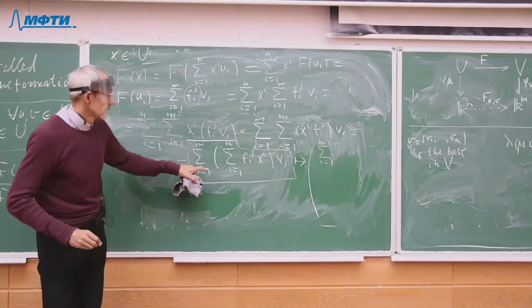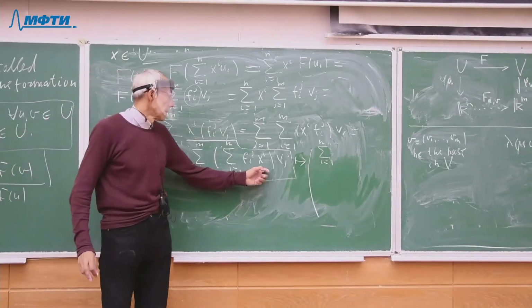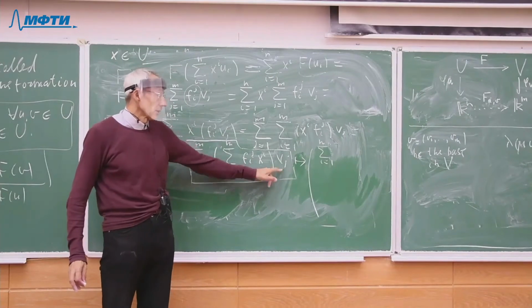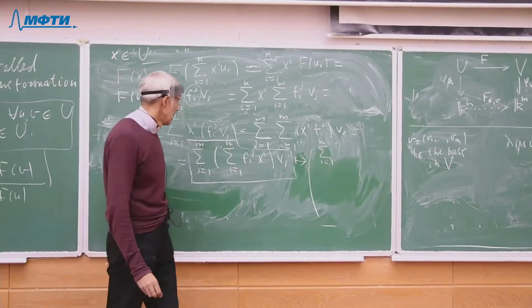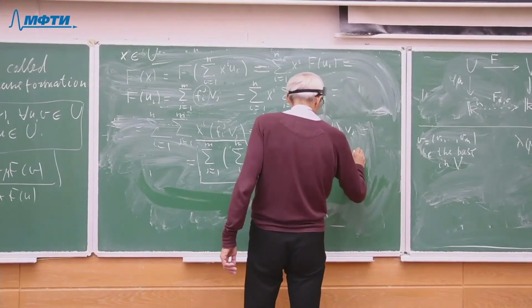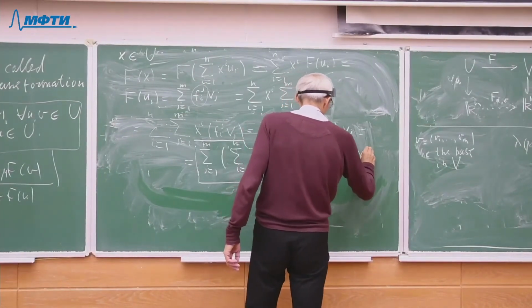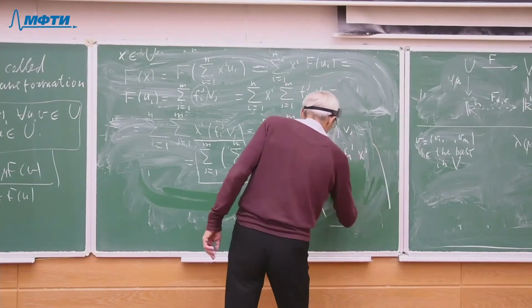The coordinates of this vector, these coefficients of the basis vectors, the first coefficient is the sum of f_1j xj, and so on up to the last.